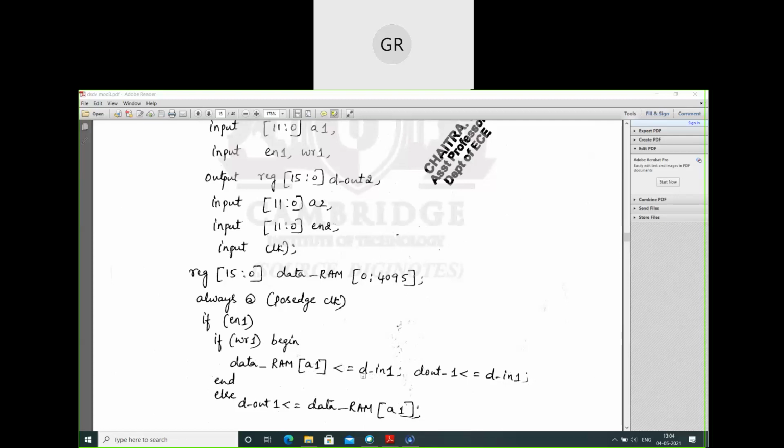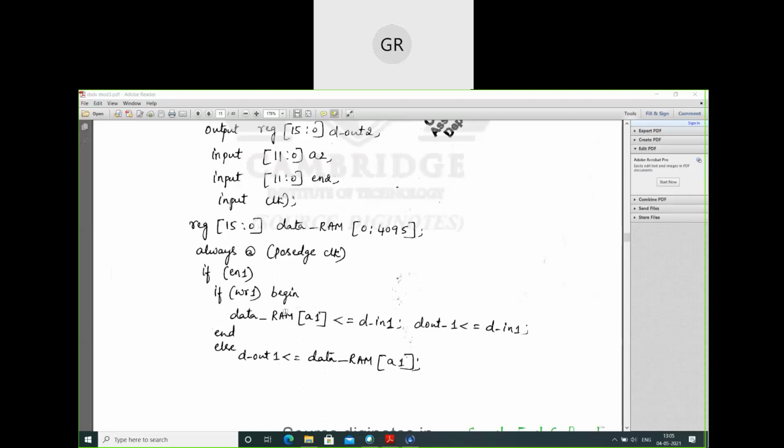For each address location, data is stored. For example, at location 000, the data is stored. That is the write operation. At the output side also, D in 1 only. Else, if it is not 1, D out 1 holds the data RAM value at the address location, that is for the A1 address.